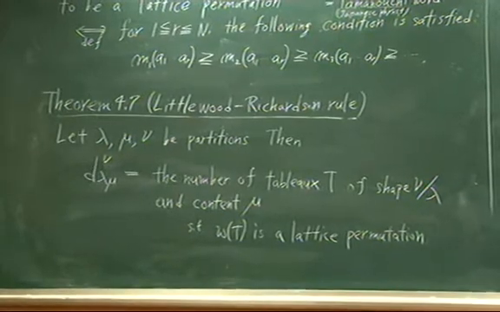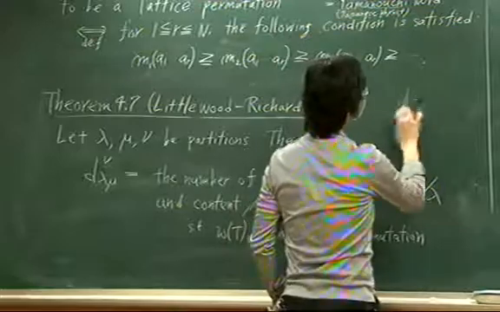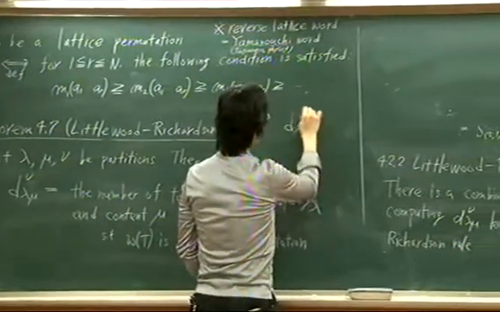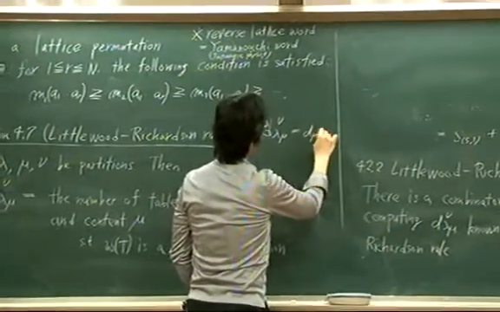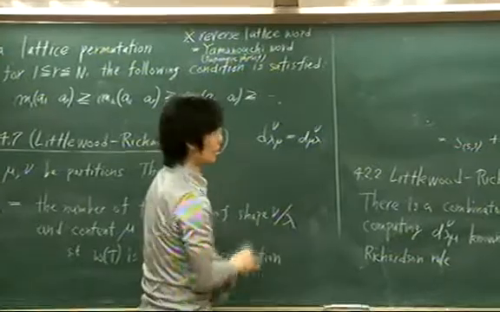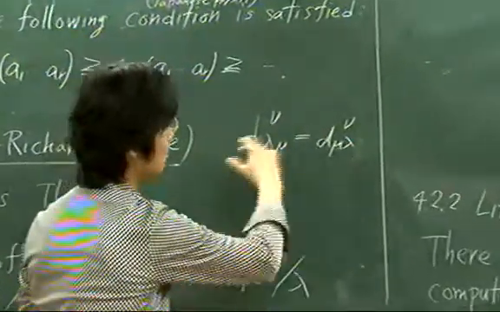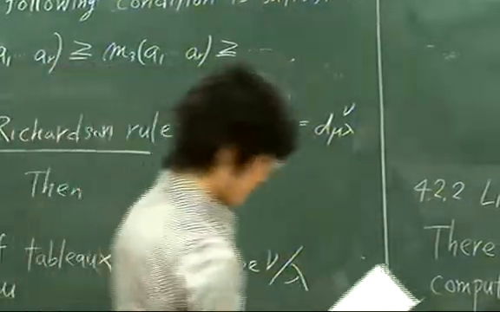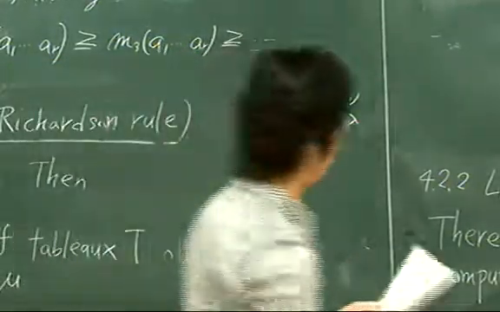If you exchange lambda and mu, it is the same; it is not obvious, but d lambda mu nu equals d mu lambda nu. And also there are some identities among these numbers. I will give you one example.